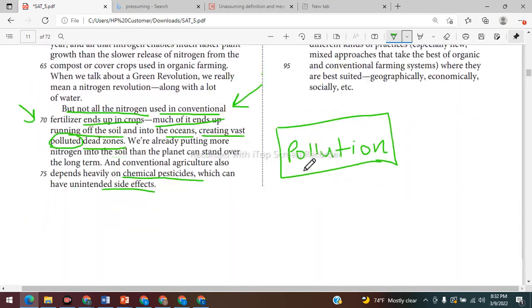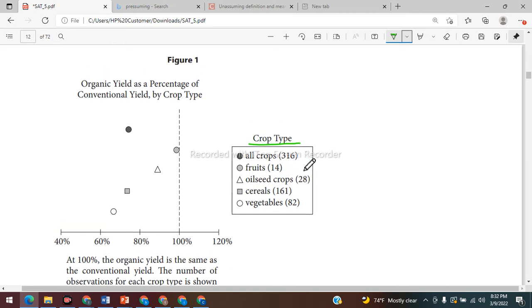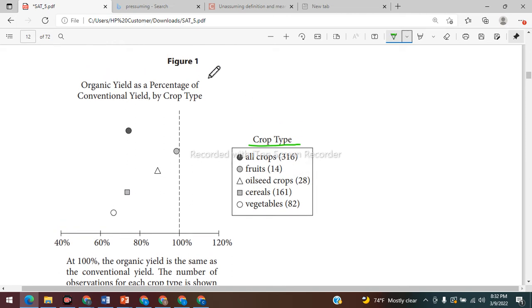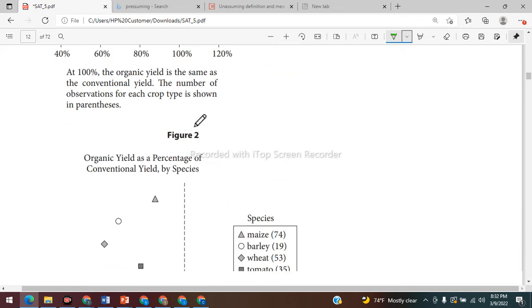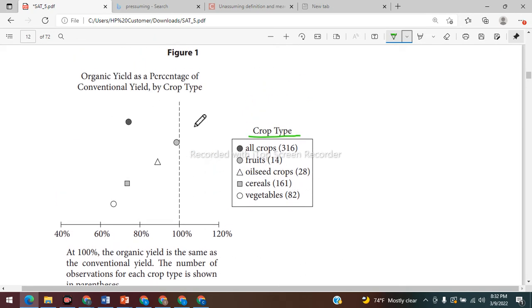So let's take a look at explaining these diagrams now. What is this trying to say? Figure 1. If we look at it, it says organic yield by species. So this is by crop type. This is how much the organic yield is as a percentage of conventional yield by crop type.